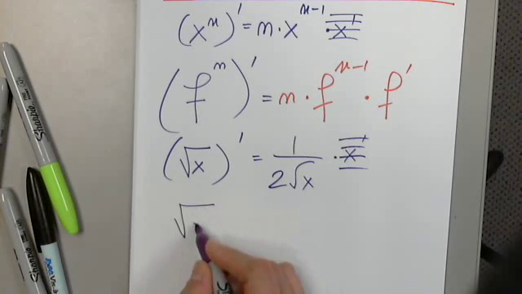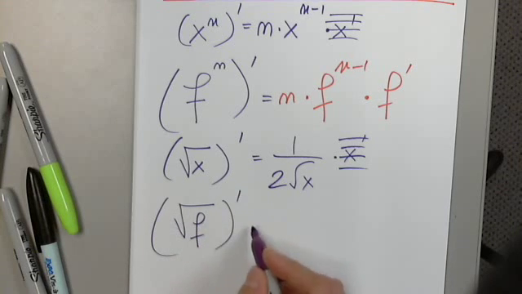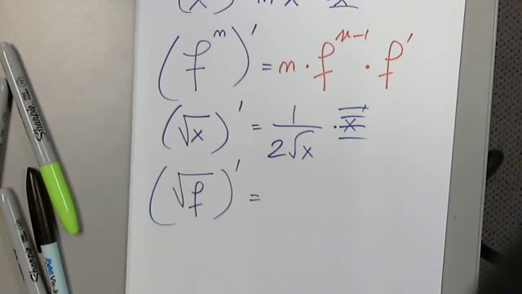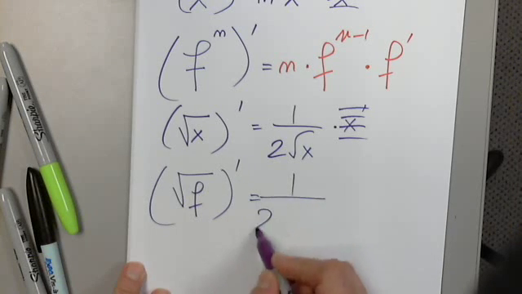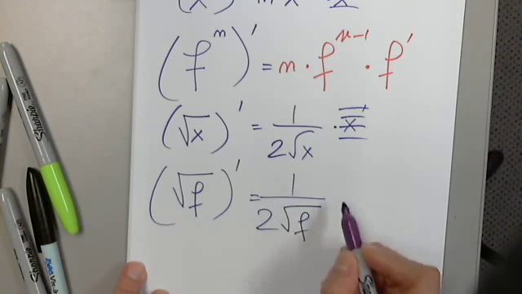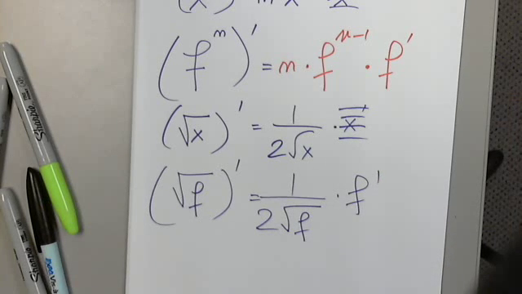Now I want you to mimic this, and we have to remember it, like we remembered 1 over 2 the square root of x. What will you say? 1 over 2 times the square root of x. Very good. This is still the same thing because the square root of f is f to the 1/2. So it's still the same rule. But since we remember this, this is the straightforward answer, or the shortcut if you want.